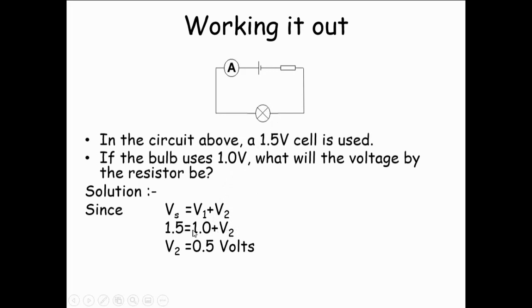So 1.5 equals 1.0 plus V2. So V2 must equal 0.5 volts. It's quite straightforward with a series circuit. V1 plus V2 have to equal the supply voltage, in this case 1.5 volts.